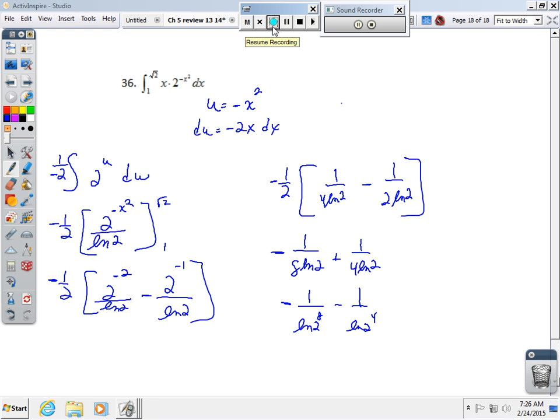So that's negative 1 over the ln of 256 minus 1 over the ln of, what's that, 32? 2 to the 3rd is 8, and that's 16.